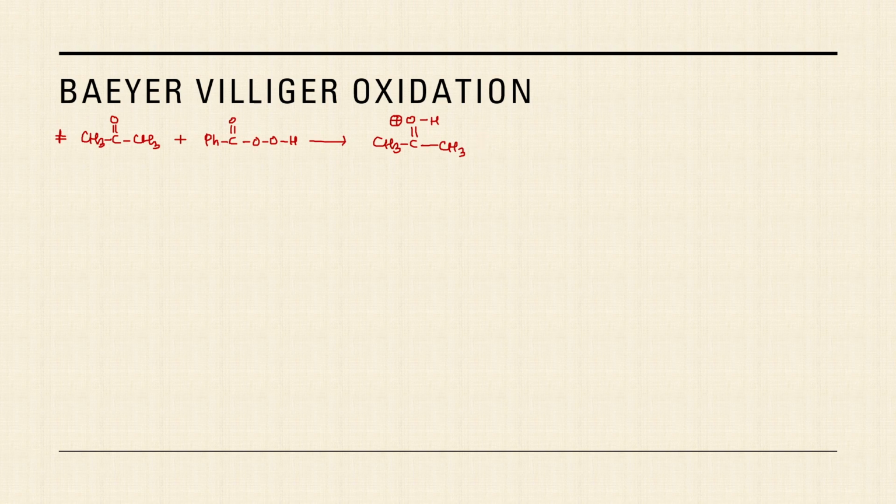Okay, perfect. And you will get Ph CO3 minus. Next step is this CH3 C double bond OH positive, CH3 plus O C double bond O Ph.